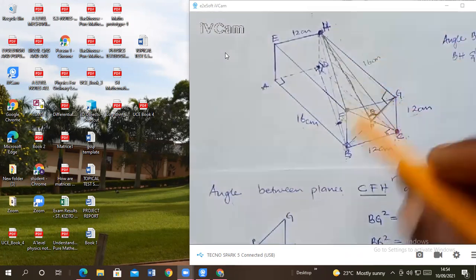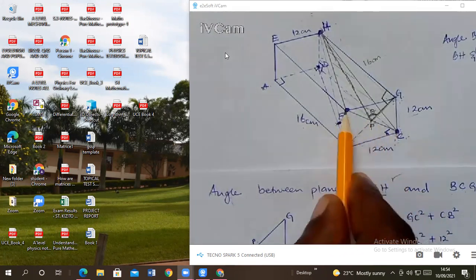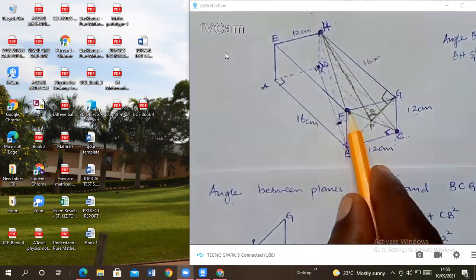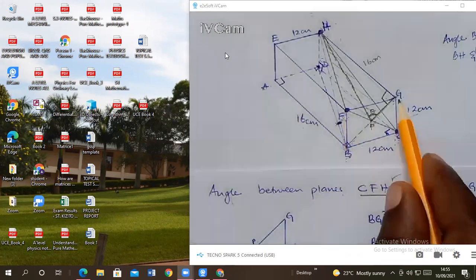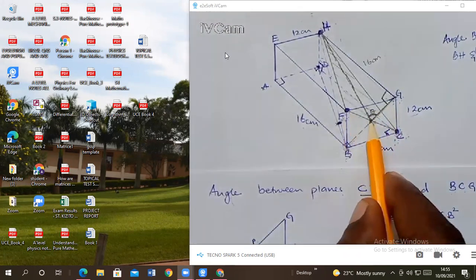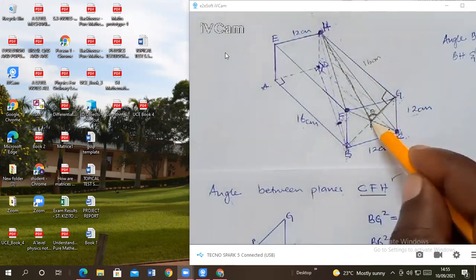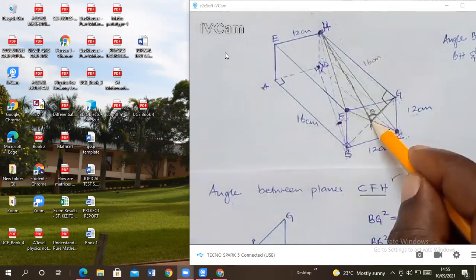Now, you should note that FC is the line that is on the plane BCGF. And this line is a line where this other line HP is meeting. So it meets this line FC at this point here.